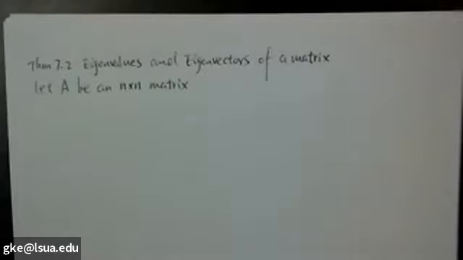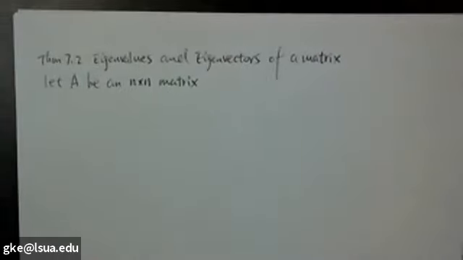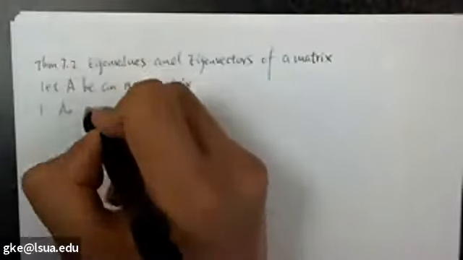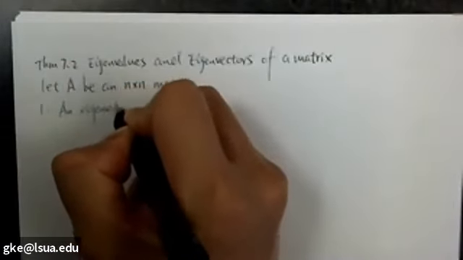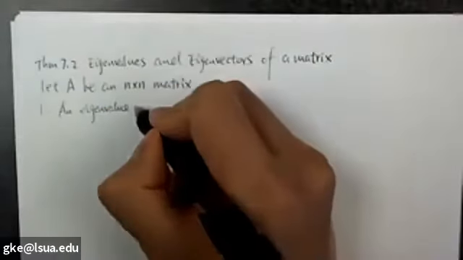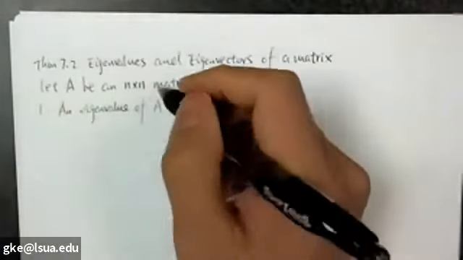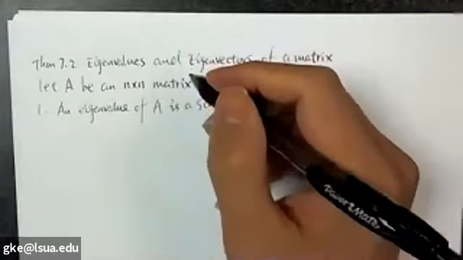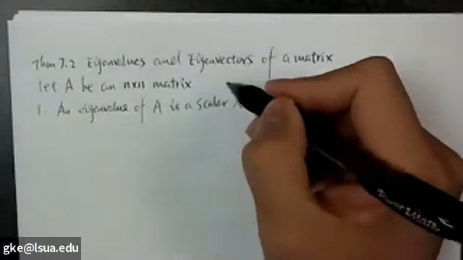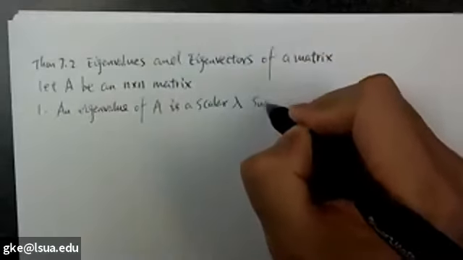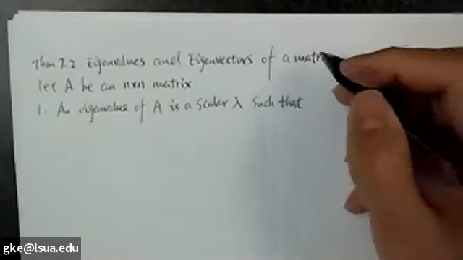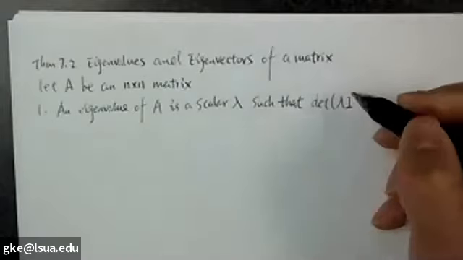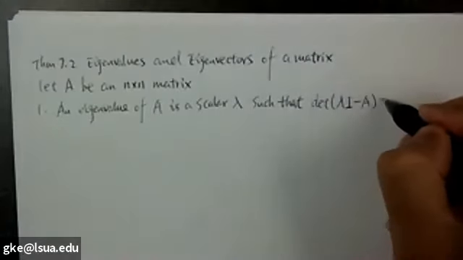One, an eigenvalue of A is a scalar lambda such that the determinant of lambda I minus A equals 0.